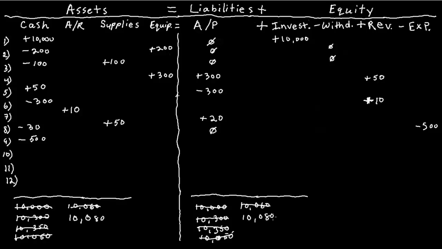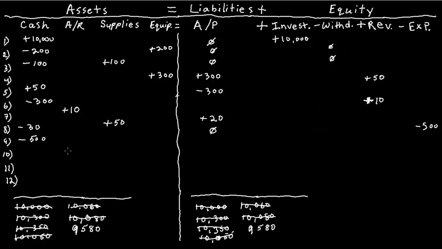So if we subtract 500 from the 1080, we get 9,580. Normally I can usually do this simple math, but I just don't want to mess up for you guys. So we're also subtracting over here, so we get 9,580. So our balance right now is 9,580, and both sides balance.